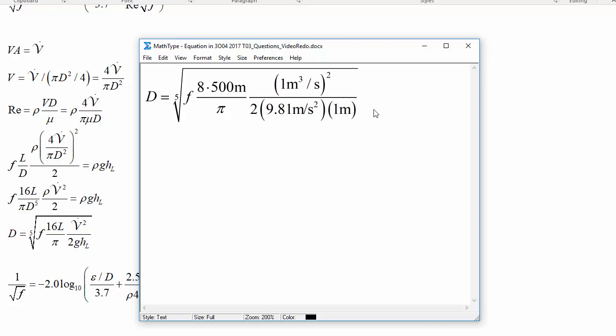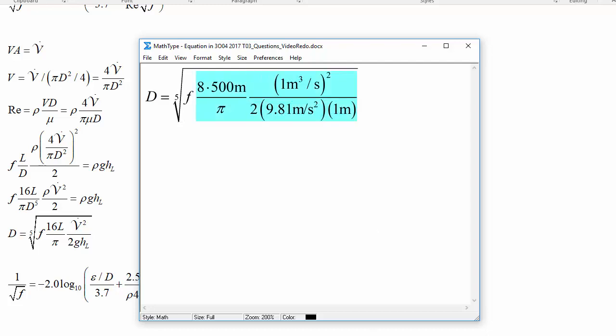Okay, so just a quick unit check. We've got per second squared in the numerator, per second squared in the denominator, so those are gone. Meters to the 6 divided by meters squared times meters is meters to the 7 over meter squared, meters to the 5th. So the 5th root will give us, yes, diameter. Okay, all good.